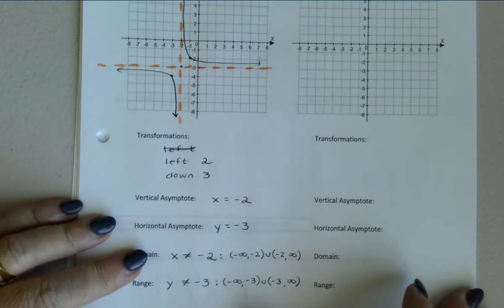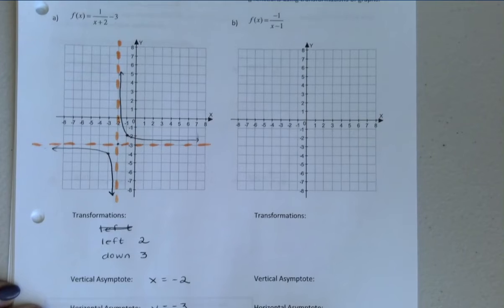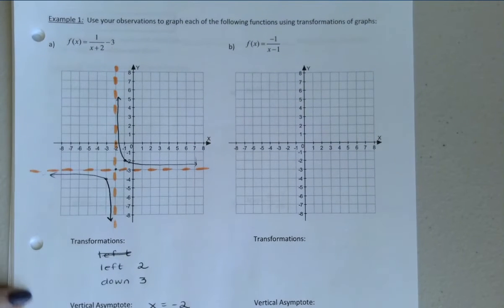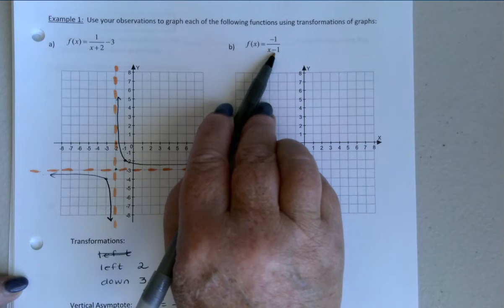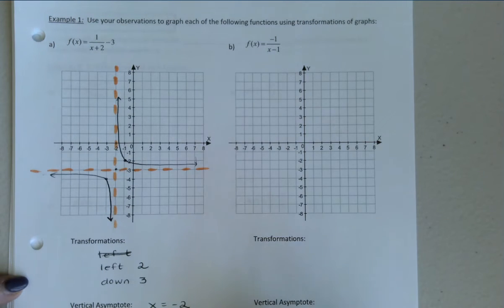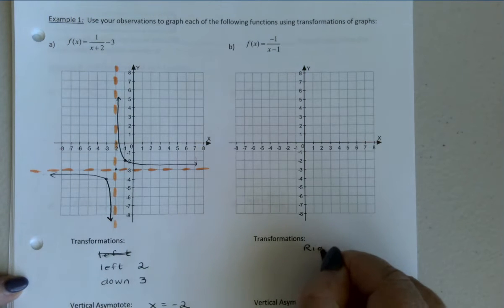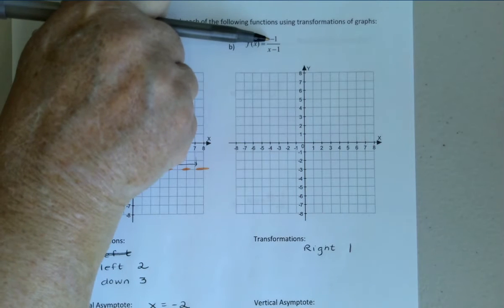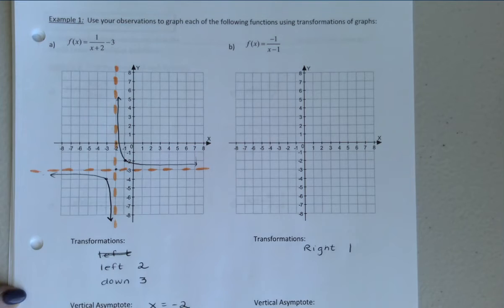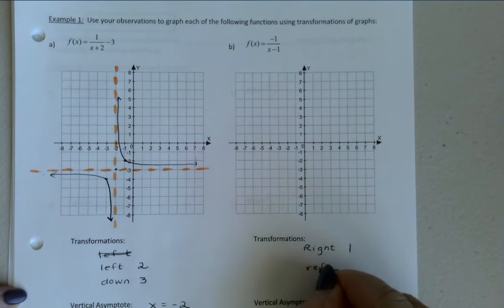All right, let's try the other one. This time, I definitely see my horizontal shift to the right 1. And then because of the negative, that's going to be reflected across the x-axis.